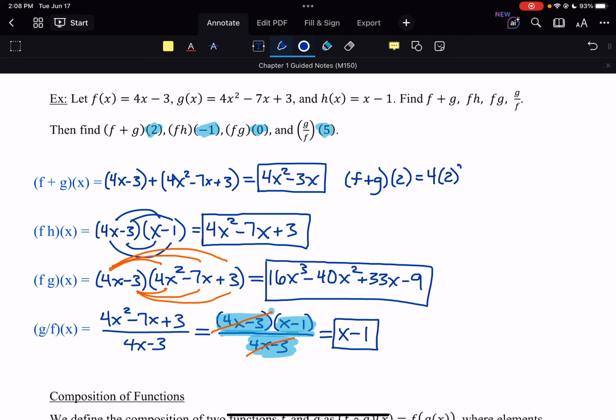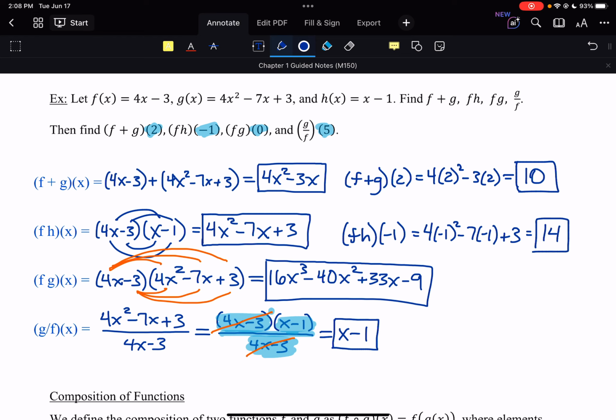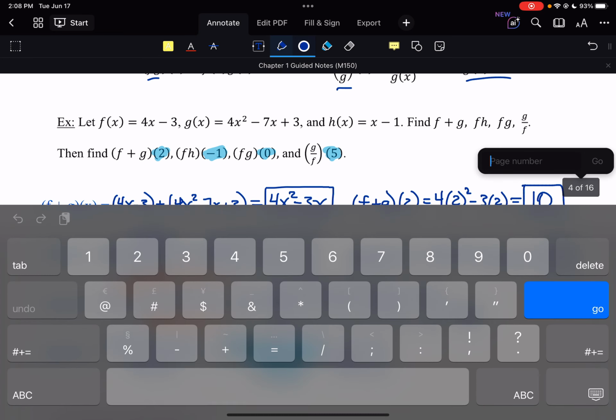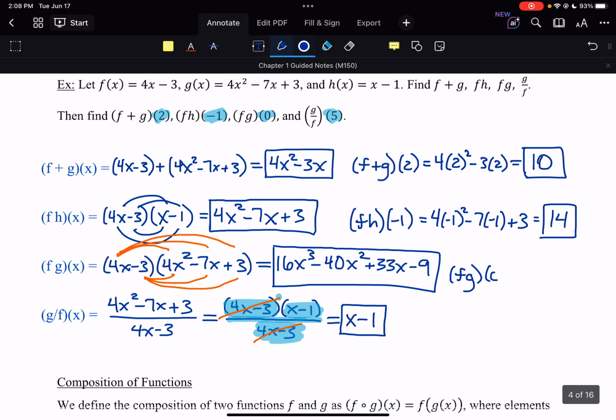That's going to be 4 times 2 squared minus 3 times 2. 4 times 4 is 16, minus 6 is 10. f times h of negative 1: that's 4 plus 7 plus 3, so that's 14. f times g of 0: this is going to work out pretty nicely for us.